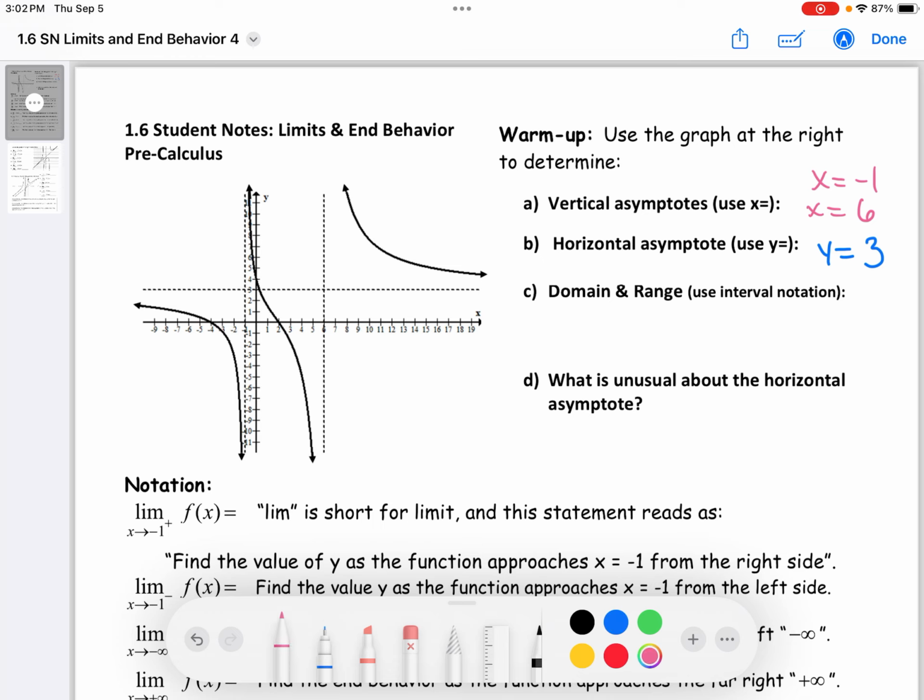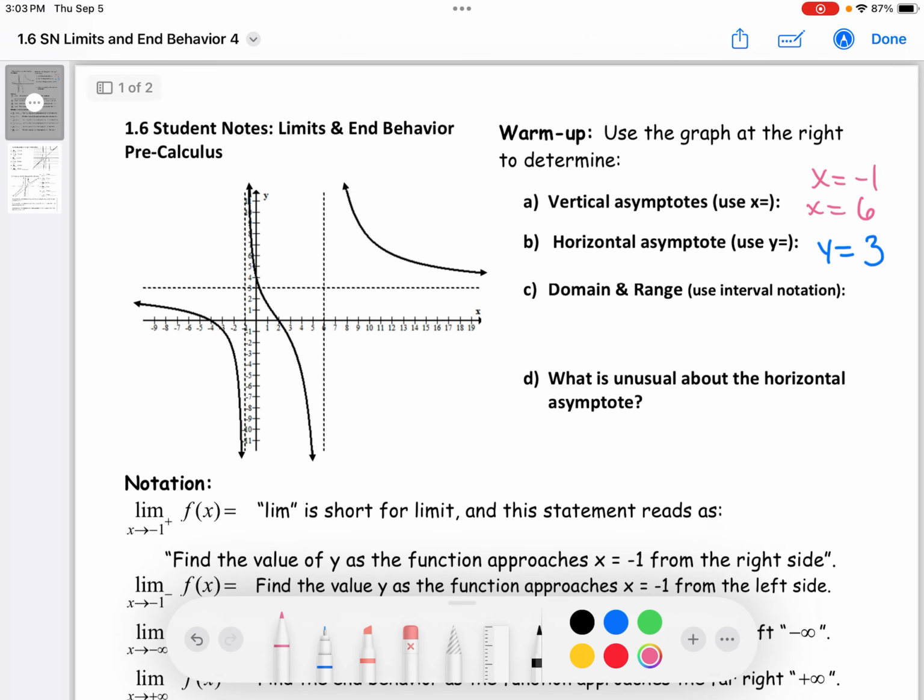Now, the domain of any graph breaks up at vertical asymptotes or any other holes or gaps. With two vertical asymptotes, there's going to be 3 sections of the domain. One will go from negative infinity to the first vertical asymptote at -1.